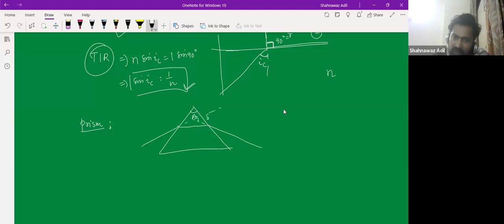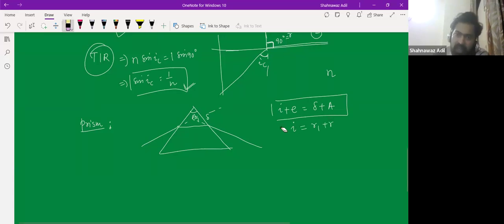If I remember correctly, I plus E was one relation, and we also had the relation that A was R1 plus R2. So this was the thing.